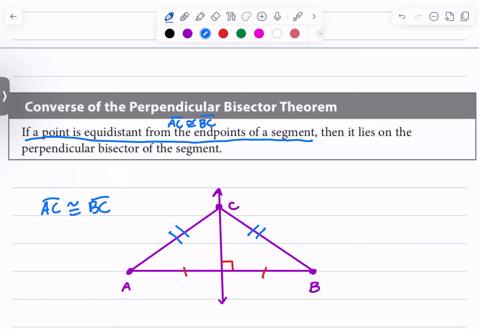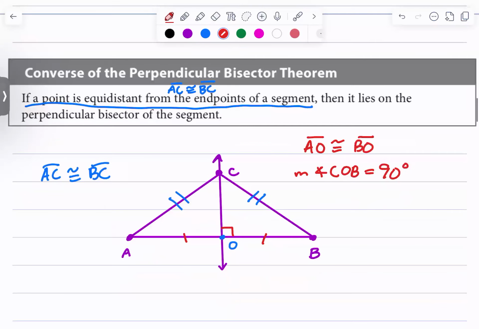So I'm going to label this point as well, point O. Then I know AO is congruent to BO, and the measure of angle COB equals 90. Okay? Vice versa, right? The converse to it. All right? Cool.